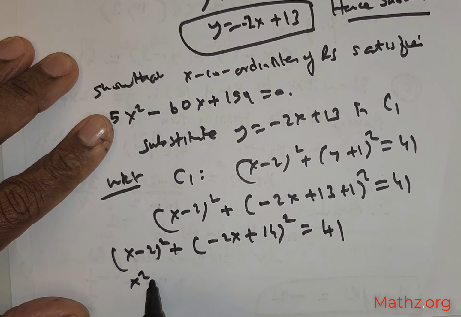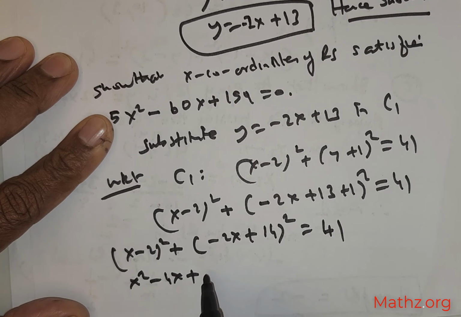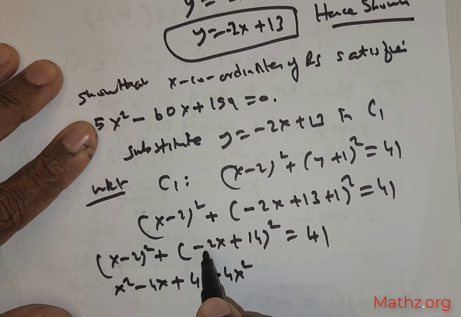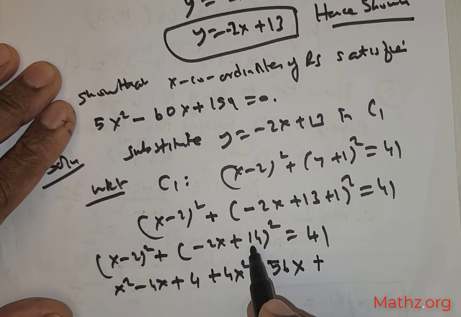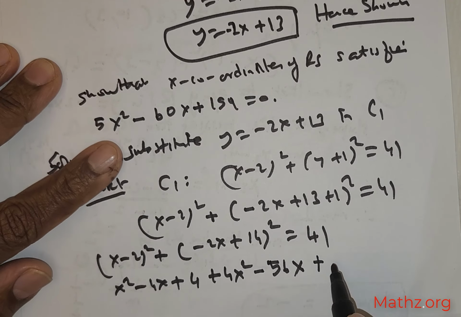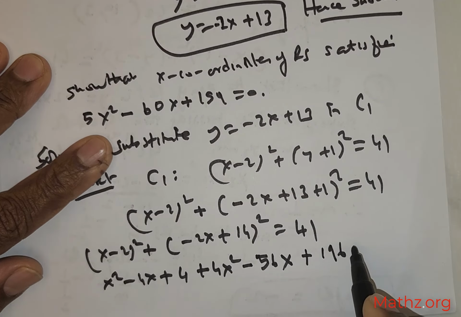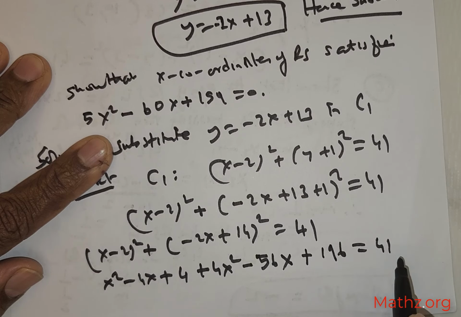So expand this, you get x squared minus 4x plus 4. This is going to be 4x squared, minus 28 multiplied by 2 is going to be 56x, and 14 squared is 196, equal to 41.